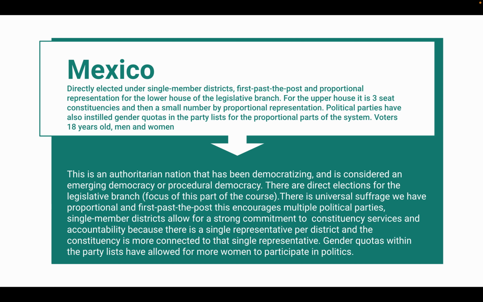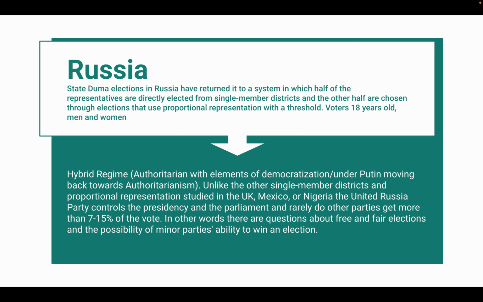Constituency services, as a result of the single-member district, greater level of accountability because there's a single representative per district. Those individuals can be held accountable by regular elections. And then gender quotas within the party lists have allowed for women to have more of a role in Mexican politics.